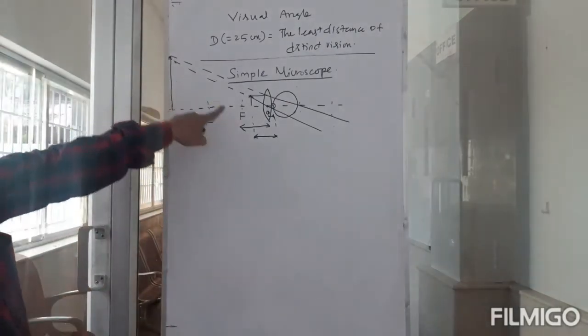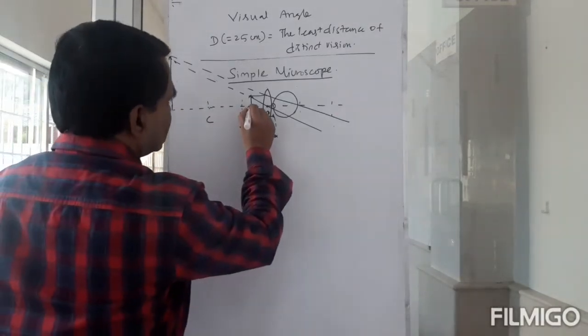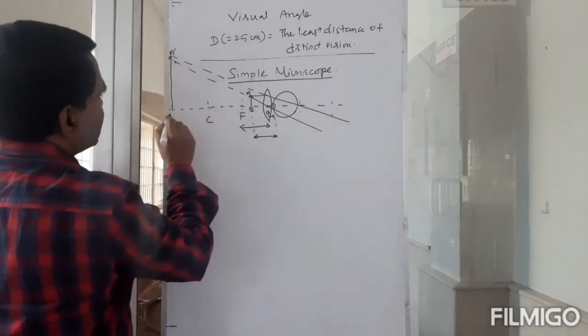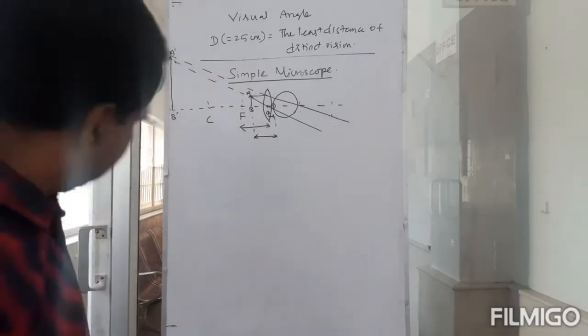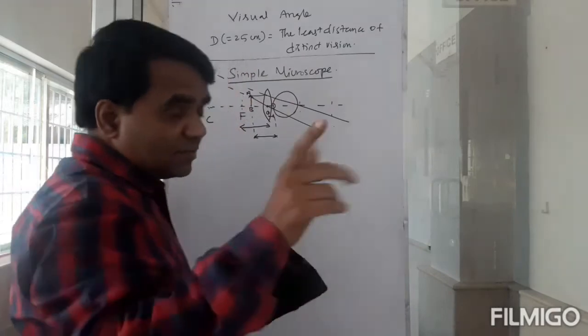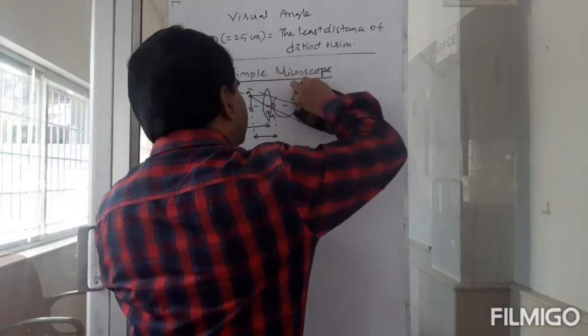This is A, B, and this is my A dash, B dash. I am going to ignore my eye now because I kept the eye very close to the lens. That's important. So I will remove this.